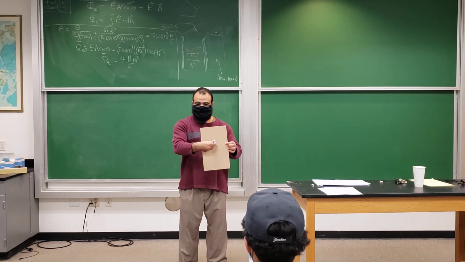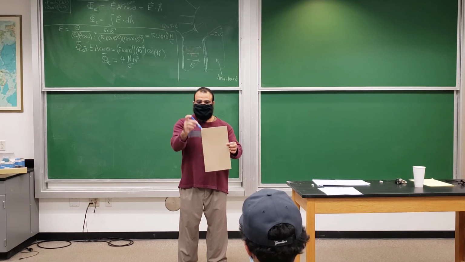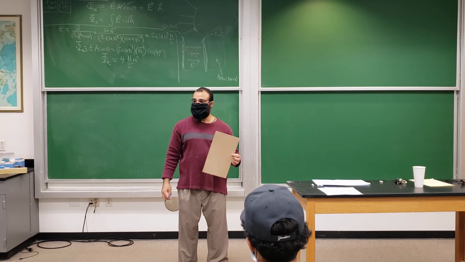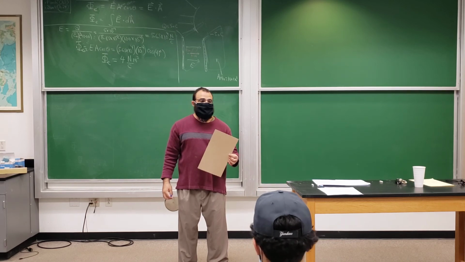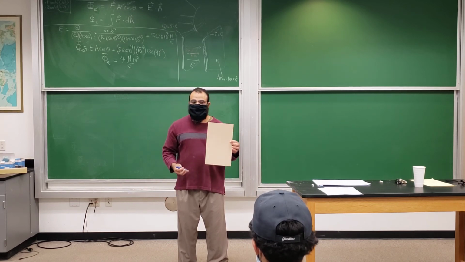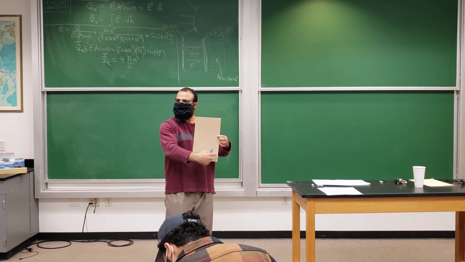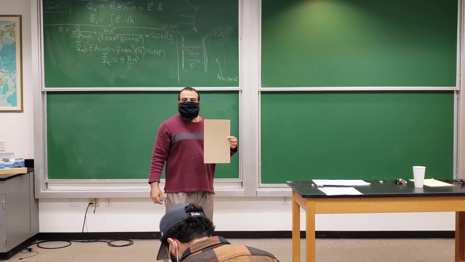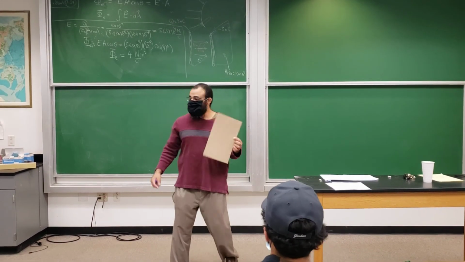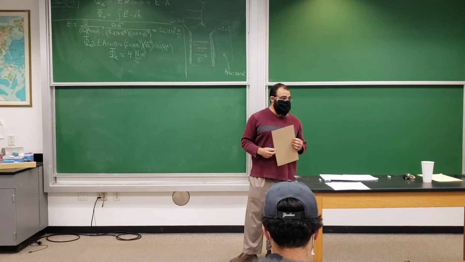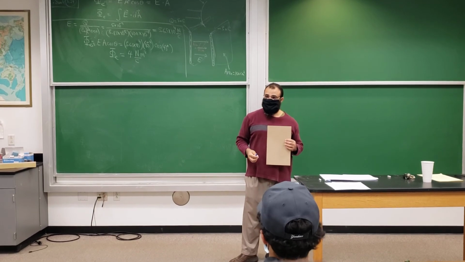Am I talking about this side, or the backside? So if it's an open surface, how do I tell? You have to be told. That's why you were told in those cases. In the previous cases, I told you the direction of the normal.